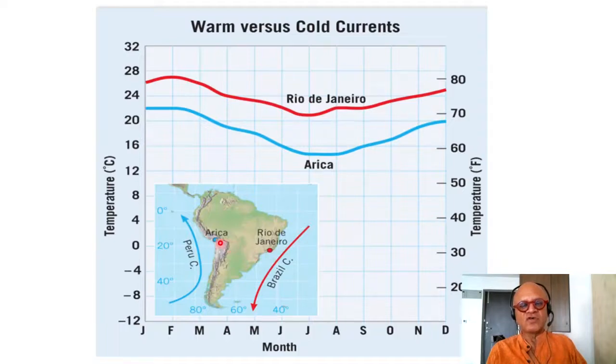In fact, to the south of this place, yet it is very warm because you have a warm western boundary current coming down here. So the Rio de Janeiro temperature is much warmer than Africa, Peru, or Ecuador. I'm not sure. It's a Peru, I think. So cold eastern boundary current, Peru current, makes it very cold compared to the western boundary region of Rio de Janeiro. So you can expect that this is cold, foggy, dry desert region here. This is wet, moist, rainy region over here.